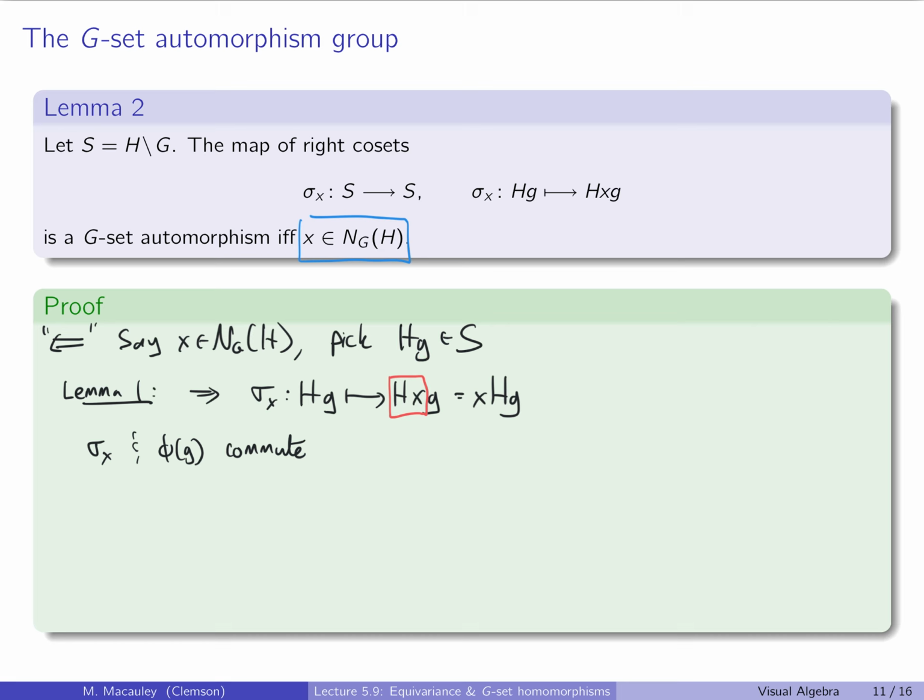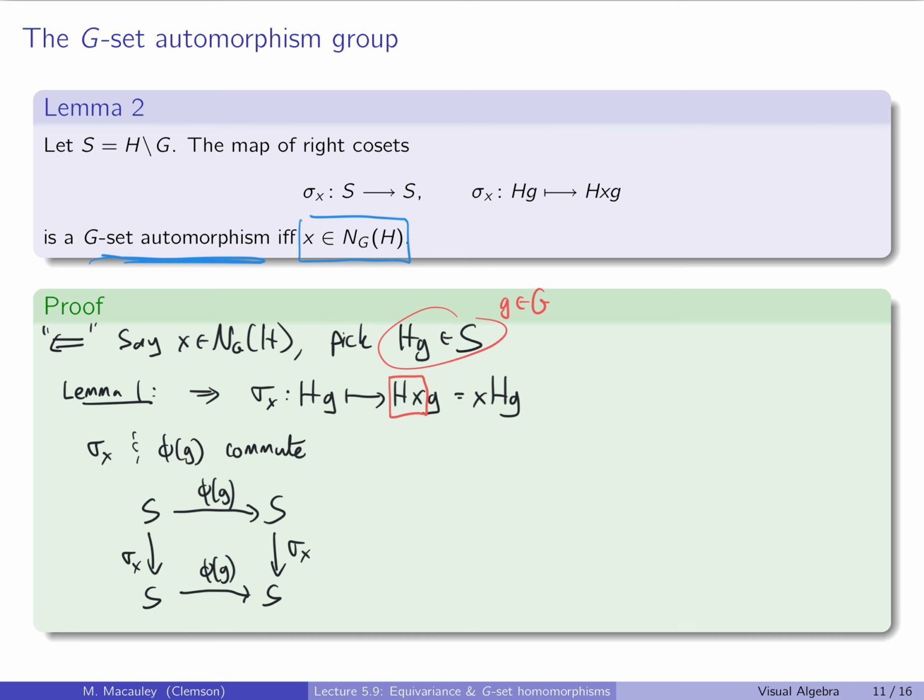Let's just see why that is commute. So what we're trying to show is that this is a G-set automorphism. In other words, that this map is equivariant, and so we have to show that this commutes. Maybe what I should have done is just said pick x and g. That's really all that we needed.